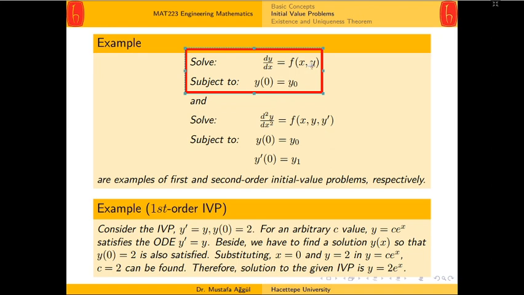The derivative is f of x comma y, then y of x naught is equal to y naught, and this is an initial value problem because we have given an initial value.